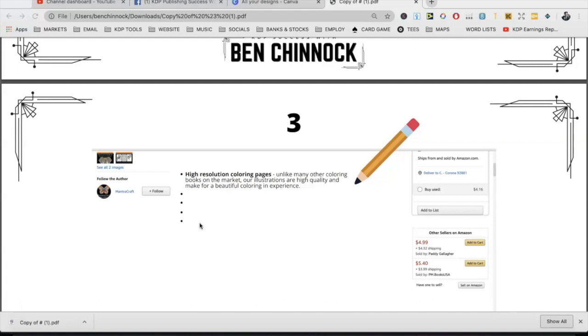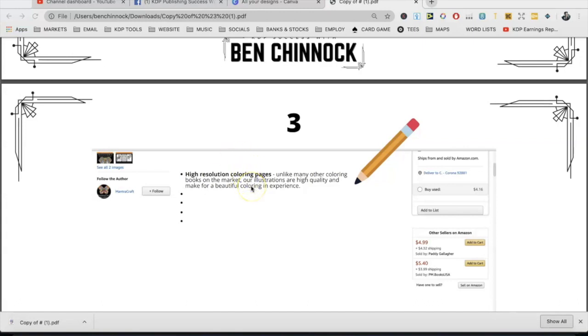So in your bullet point, maybe one of your points would say high resolution coloring pages, as this would address the issue of low resolution coloring pages from your competitors, and may also answer the question that your customer has been looking for, and now they've got enough information to make an informed decision as to whether they want to purchase the book or not, right?